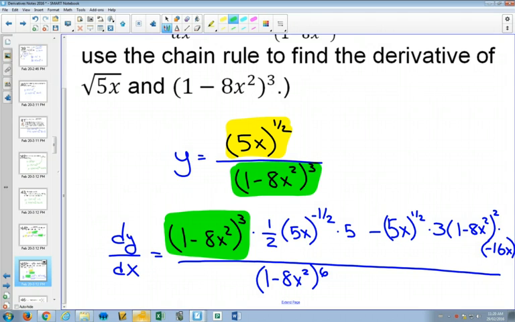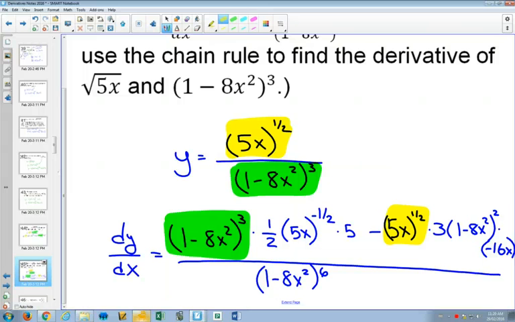The derivative of the top one is a chain rule. So the half comes in front, subtract 1 from the exponent, keep the inside the same, multiply by the derivative of the inside. Good. Then we subtract, and now we keep the top one, there it is, keep that one the same, and multiply by the derivative of the bottom one.